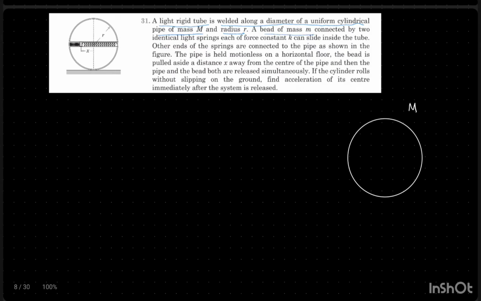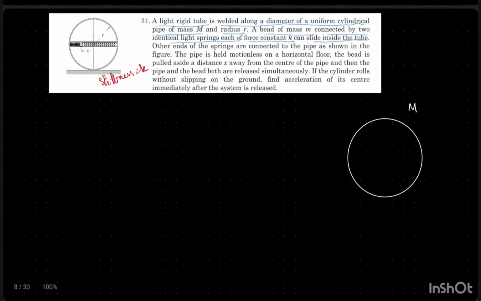and a bead of mass m is connected by two identical light springs, each of force constant k. So the stiffness they gave for the spring is k. And it can slide inside the tube.